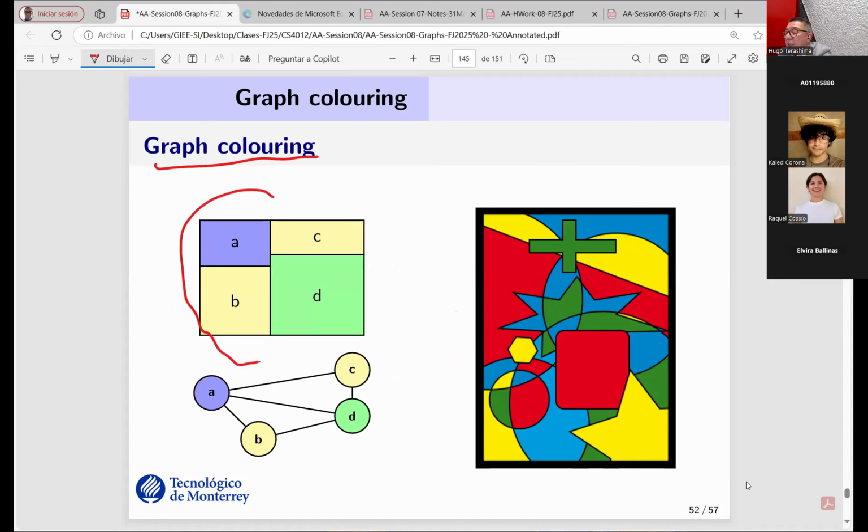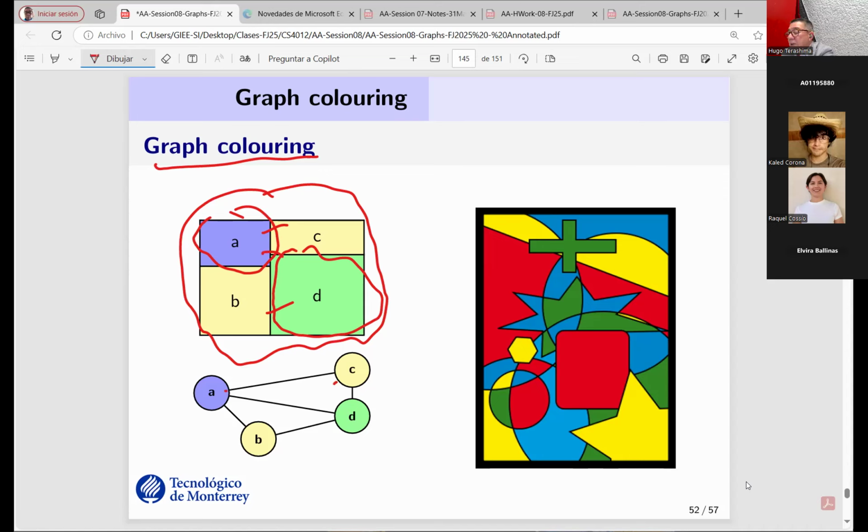And the idea with this graph is to color the graph with a minimum number of colors in such a way that I don't color regions that are contiguous, meaning that they overlap. For example, this one, this one. So the idea is to color the regions with different colors in such a way that you don't color connected regions with the same color.